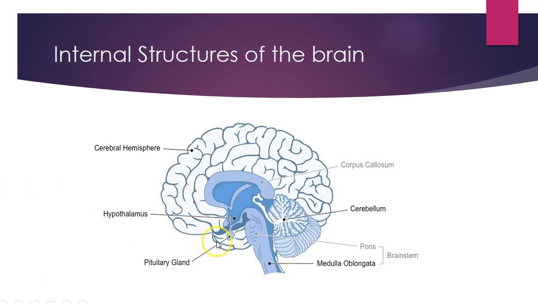The hypothalamus and the pituitary are also in the brain, and the hypothalamus and pituitary, they play a big role in our endocrine system. The hypothalamus is responsible for temperature regulation, so any issue to the midbrain, which is where the hypothalamus is, the patient will have an issue with regulating their temperature.